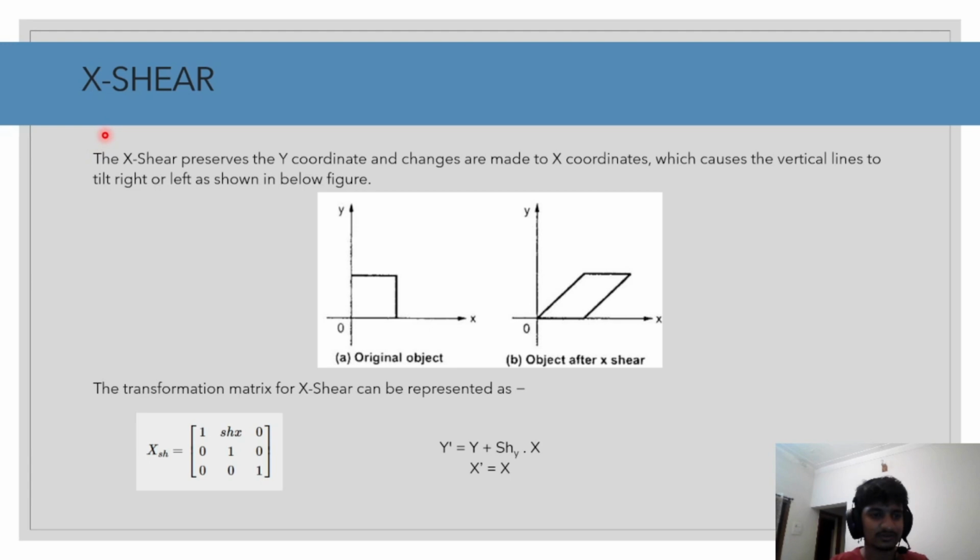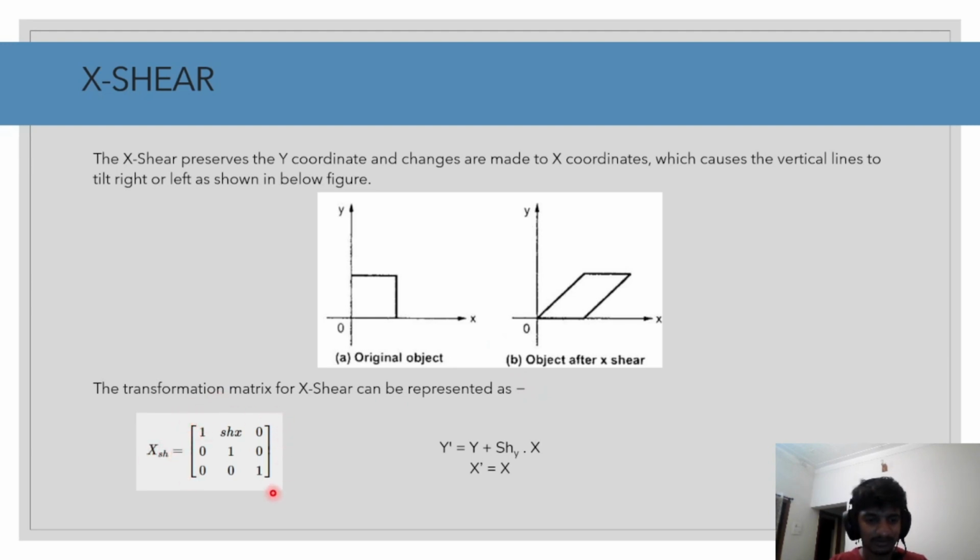Now let's talk about x shear. X shear preserves the y coordinates and changes are made to x coordinates, which cause the vertical lines to tilt right or left as shown in the figure below. So as you can see, this square is the original object, and this is x shear, that is, it's tilting to the right. The transformation matrix for x shear can be represented as follows.